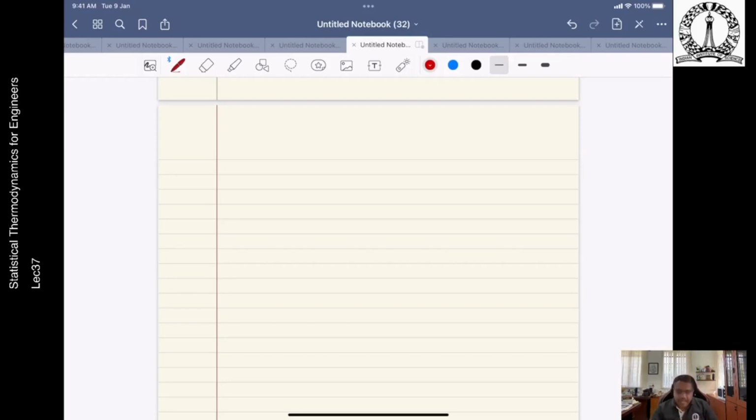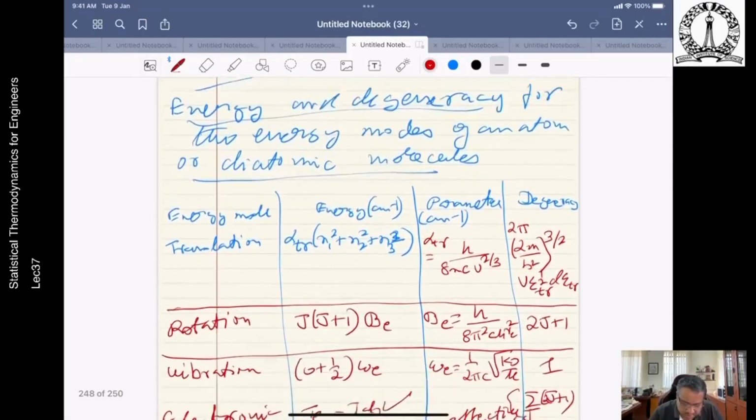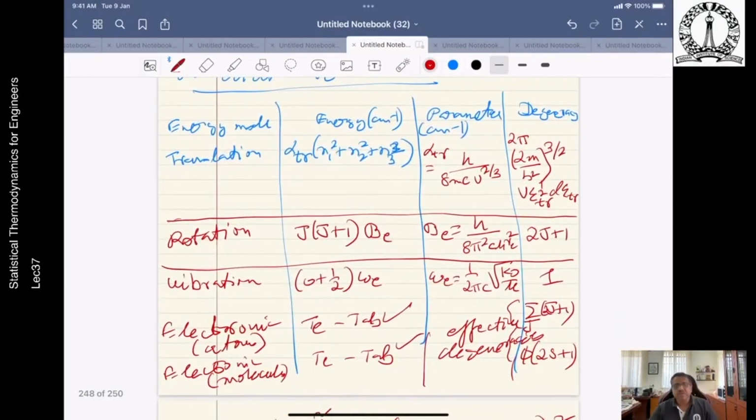In table 8.1 from the book, which we just showed here, we showed that the translational energy can be converted to wave number units, thus defining a term called alpha TR. We also realized that translational energy is unique because it depends on the assembly volume. No other energy mode is affected by the assembly volume.